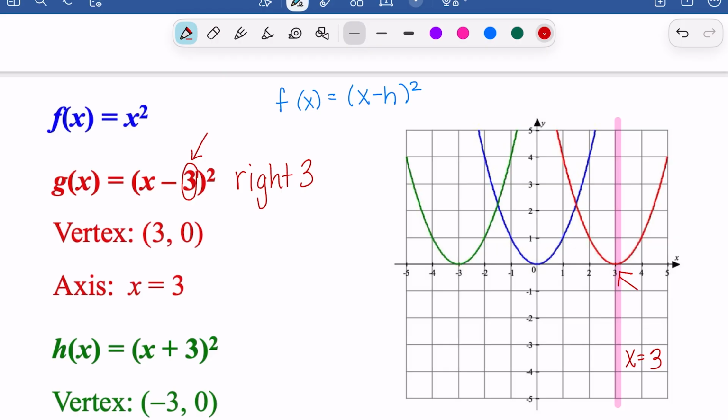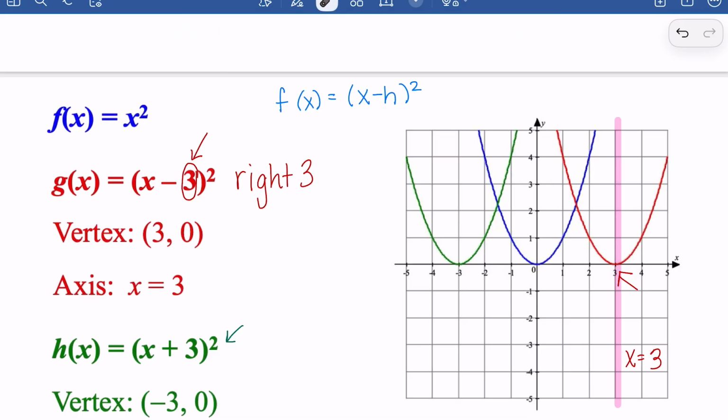If I look at the green one, if I plugged in a positive 3, that should stay x minus 3. But if I plug in a negative 3, two negatives make a positive. So I would have x minus negative 3, and that's where you would get the x plus 3.